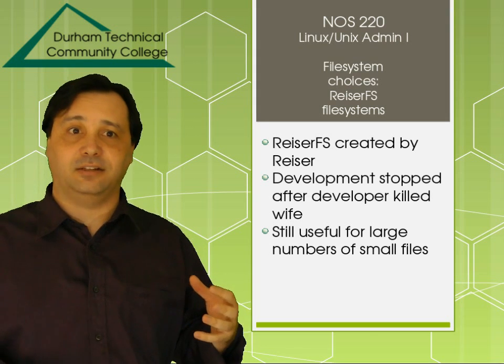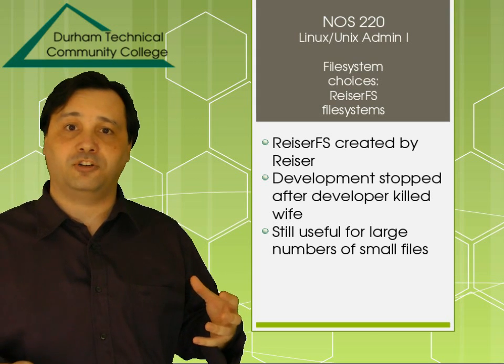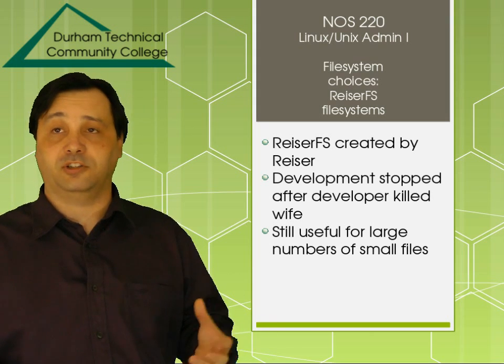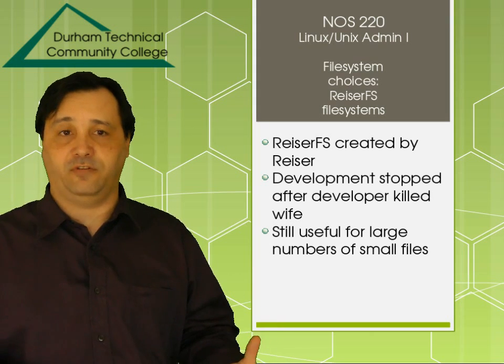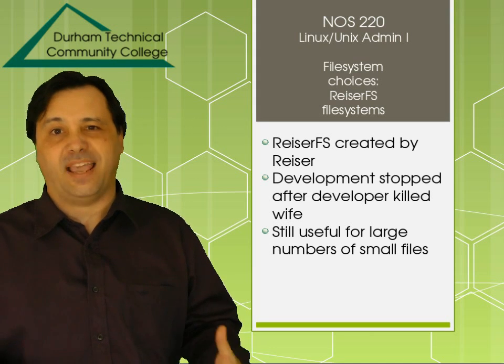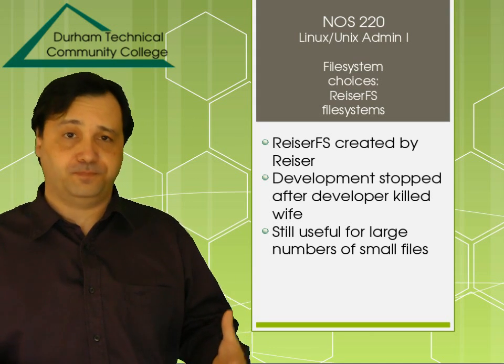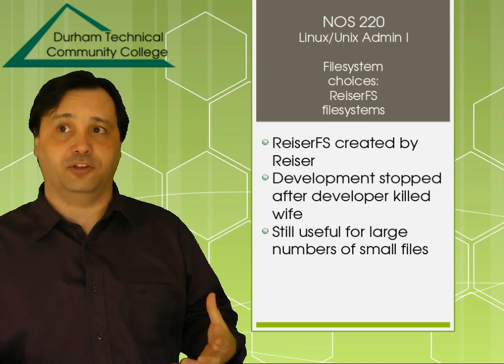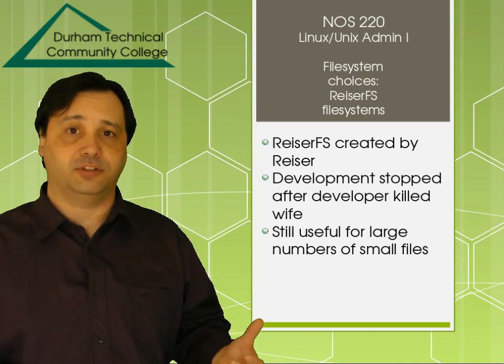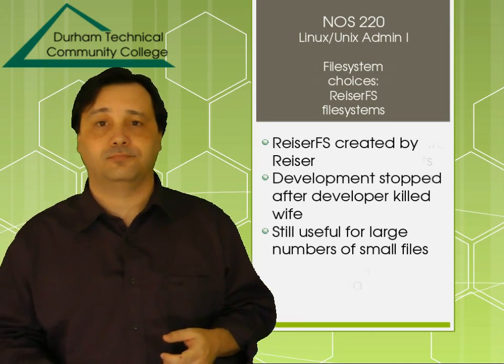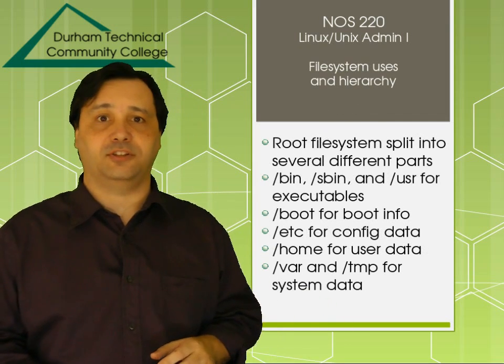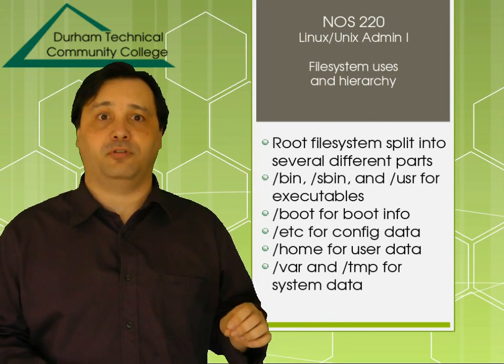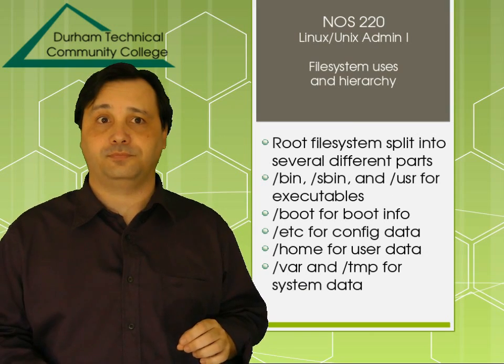ReiserFS is still an excellent file system, though, for large numbers of very small files, addressing one of the original weaknesses of the ext file systems. And it could be used still for temp directories and other areas where large numbers of small files may reside. Each of these file systems has its uses, but it is important to realize what those uses are.